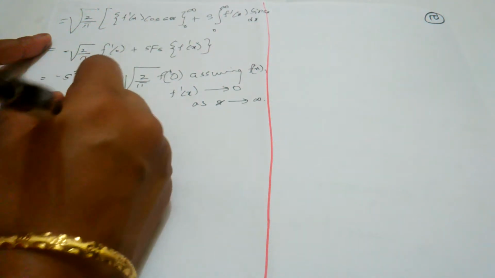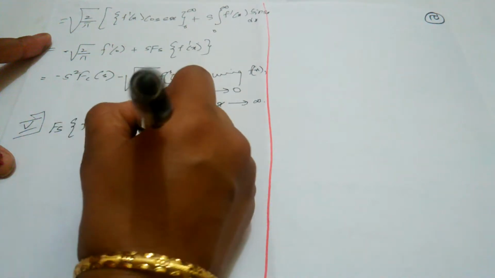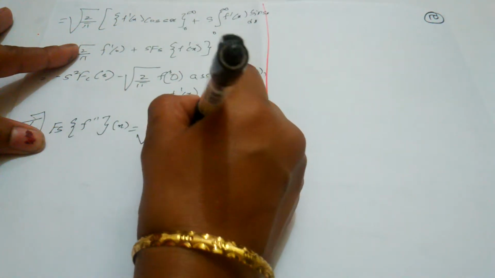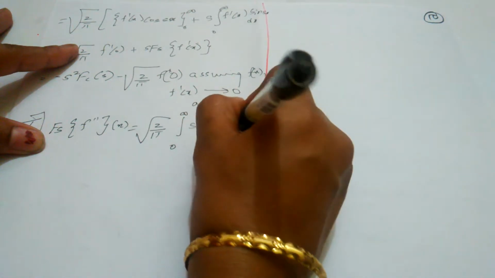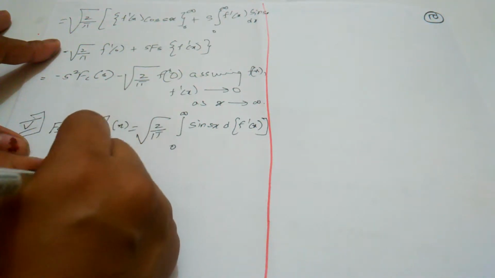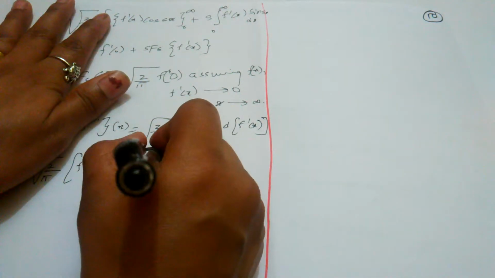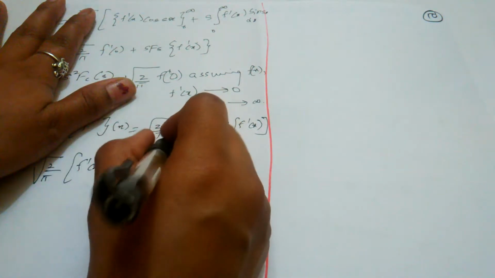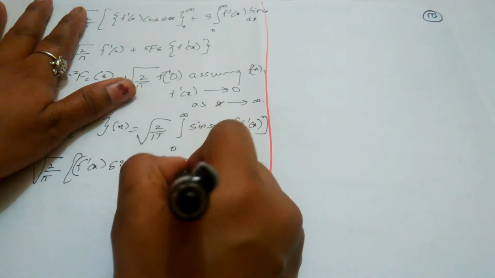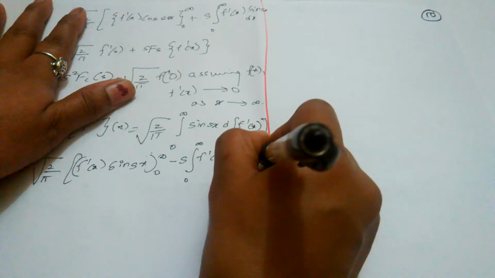Next, the last one, where F_s of f double dash of x is equal to square root of 2 by pi integral 0 to infinity sine sx d f dash of x, which is equal to square root of 2 by pi f dash of x sine sx from 0 to infinity minus s integral 0 to infinity f dash of x cos sx dx.